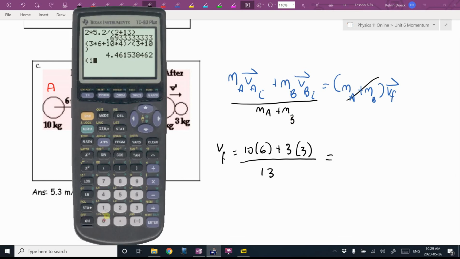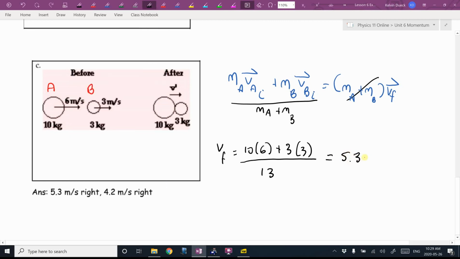Bracket 10 times 6 plus 3 times 3 divided by 13. 5.307, 5.3 meters per second forward. I'm adding a direction because they did say find the velocity, and I looked ahead at some of the questions and I noticed some are going backwards and some are going forwards, so okay.